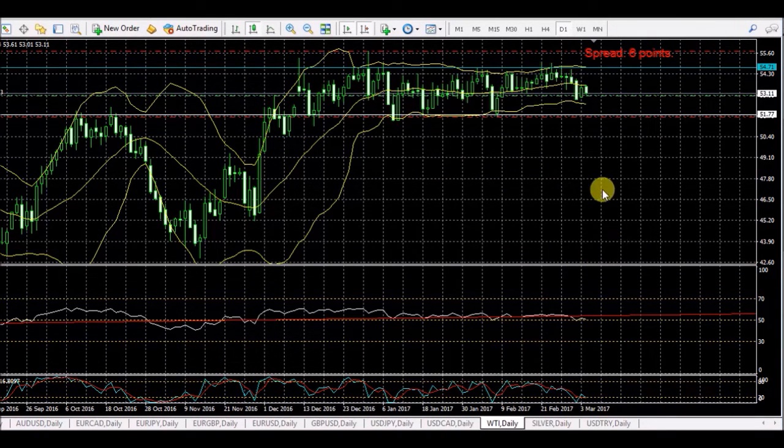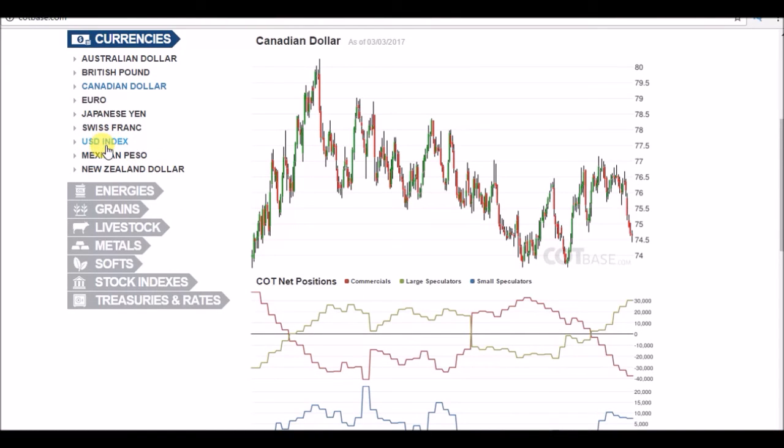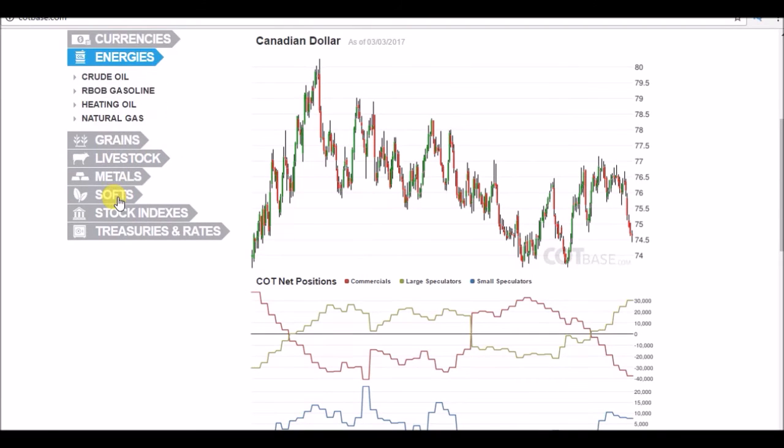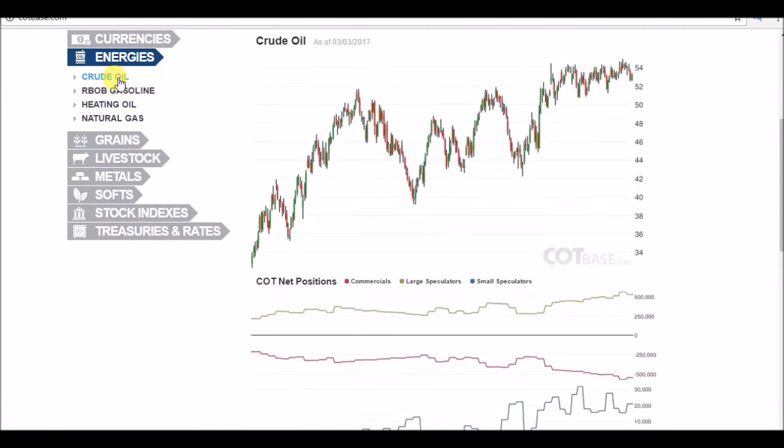Yes, I got knocked out on my one trade on the oil, and I'm just about to break even on this one. My commitment of traders on oil, let's just go and have a look at that. Energy, sorry. Crude oil. So here we go. Again, you've got the same position where the commercials have been short oil for a long time.